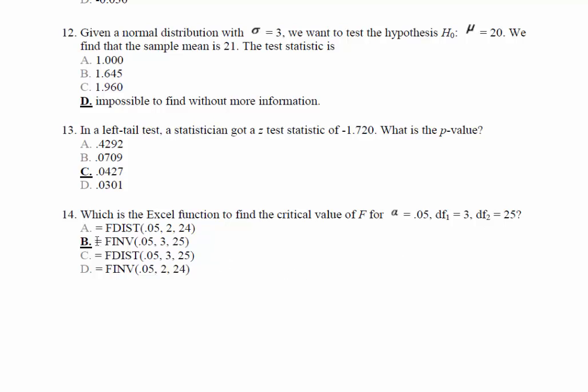In the Excel function, all you have to do is type in FINV given the alpha and 2 degrees of freedom. You will find the critical value. This is actually on page 410 of chapter 11.